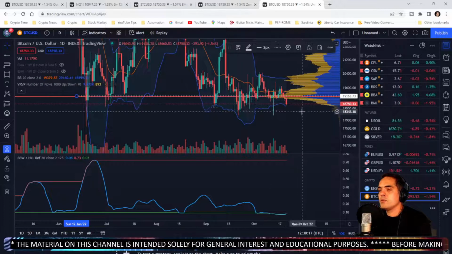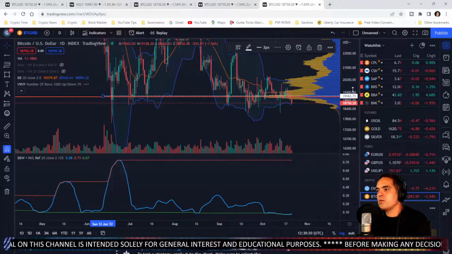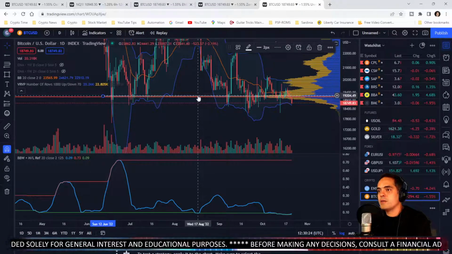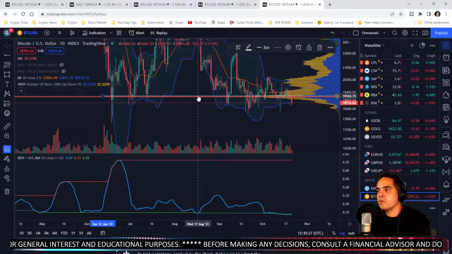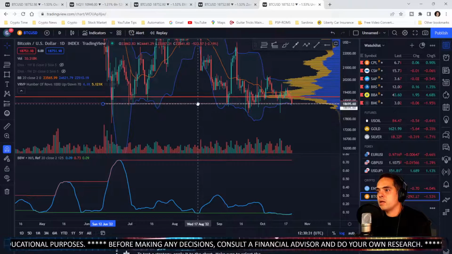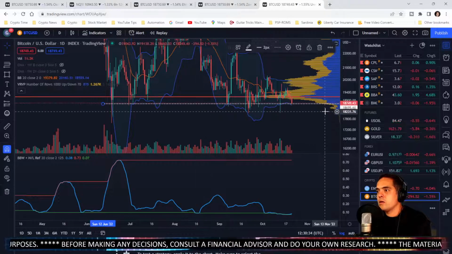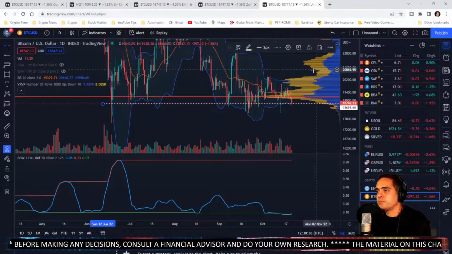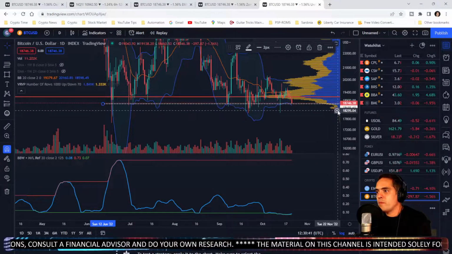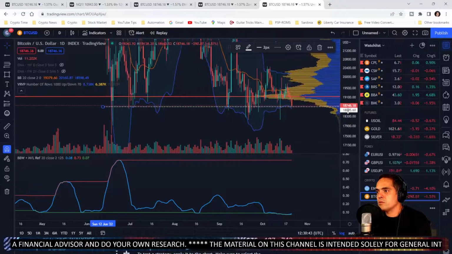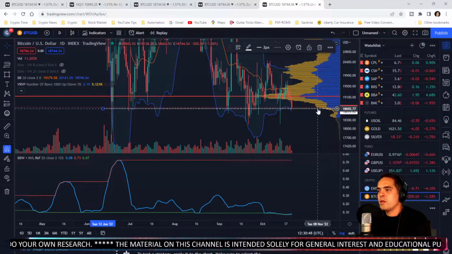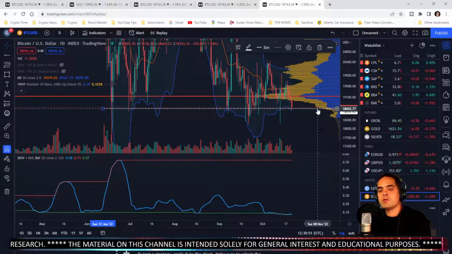Let's turn that back on. We see here the main zones of interest, and we can use that to find zones of support and resistance. So let's drag this down a bit. And why here? Because you see this VRVP, and at this very point, let me zoom in a bit, we have basically the end of our support.